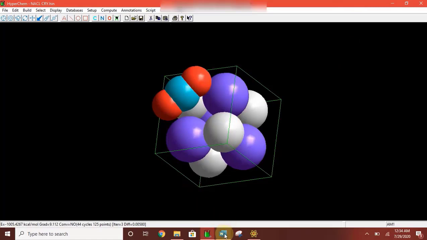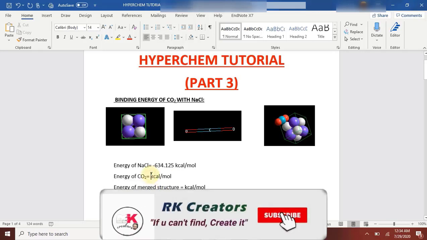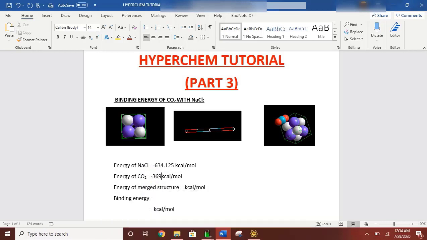Now I open my Word file and to calculate its binding energy, first I write the NaCl molecular energy which I noted down on the notebook: -634.125. Then I write the carbon dioxide energy which is -369.855.